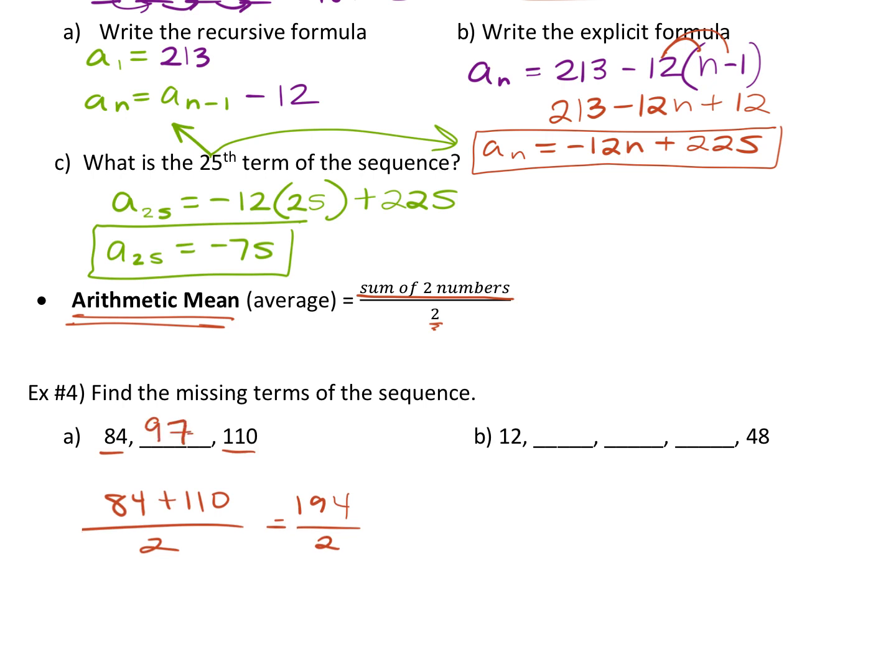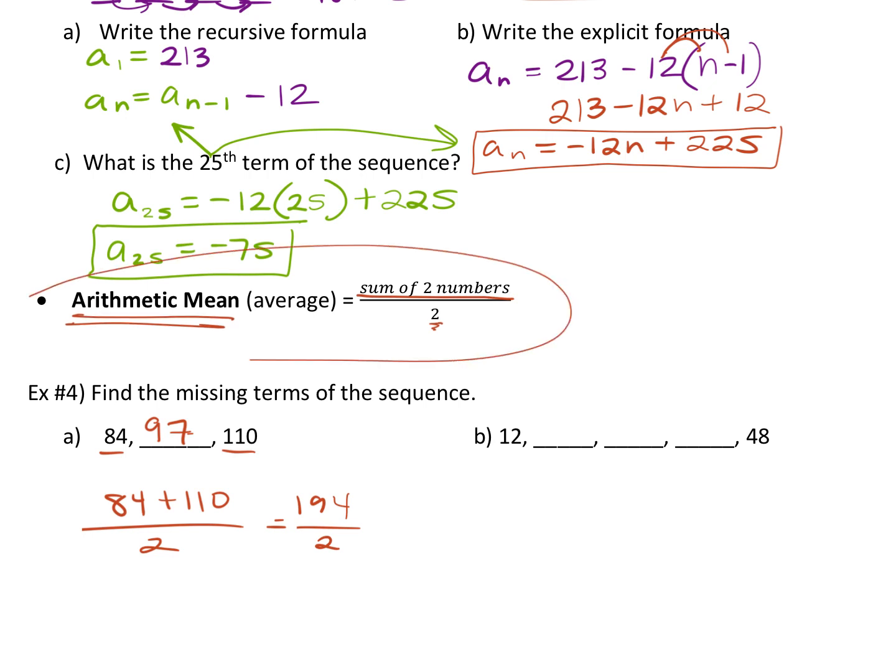Okay? But now look at B. I believe in you. I believe that you can figure out how to do this right now. You have 12, and we're missing 3 terms in that sequence, and then 48. Any thoughts as to how we could come up with those 3 terms quickly? Without using a formula like that.